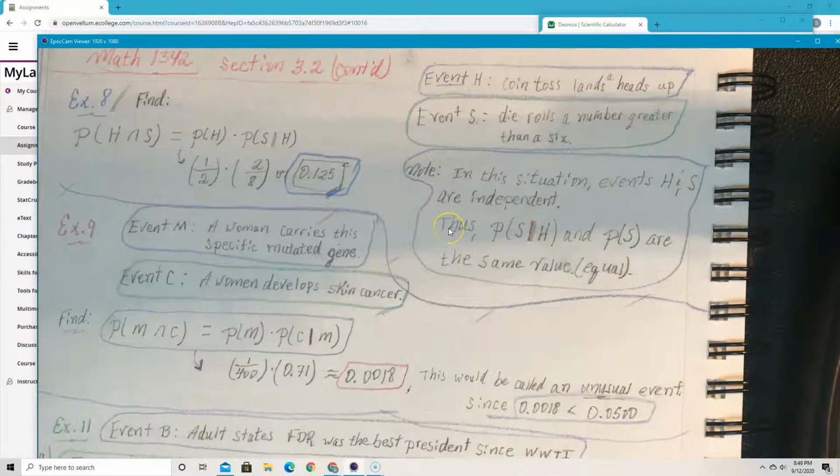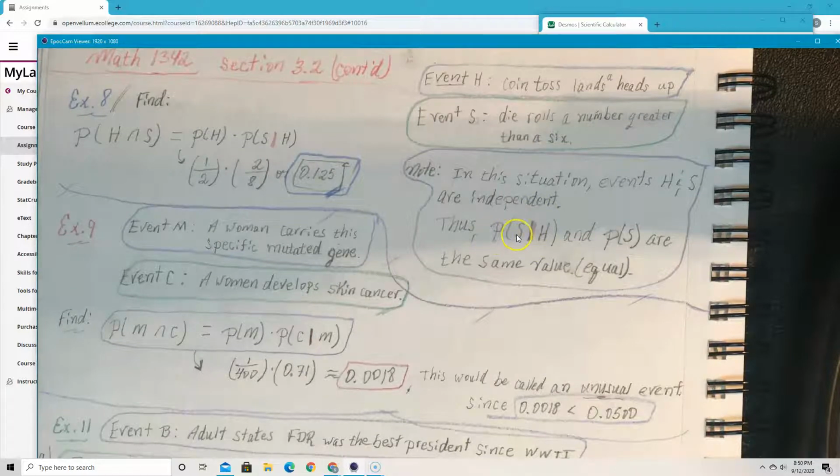When that's the case, the probability of event S occurring, given that event H occurred, is not impacted by this one. The probability of this happening is not impacted by this event occurring. It does not change the probability of this.